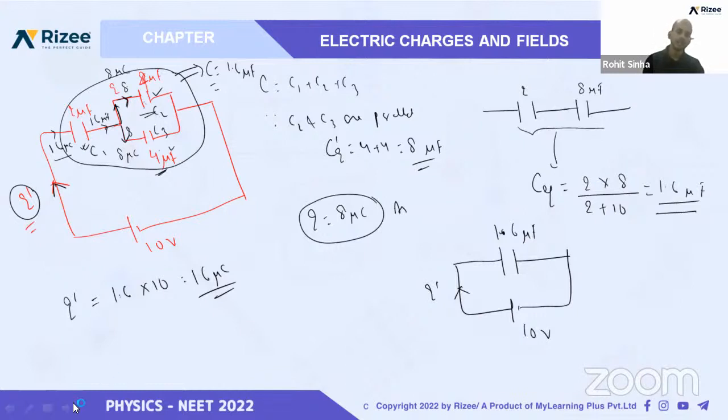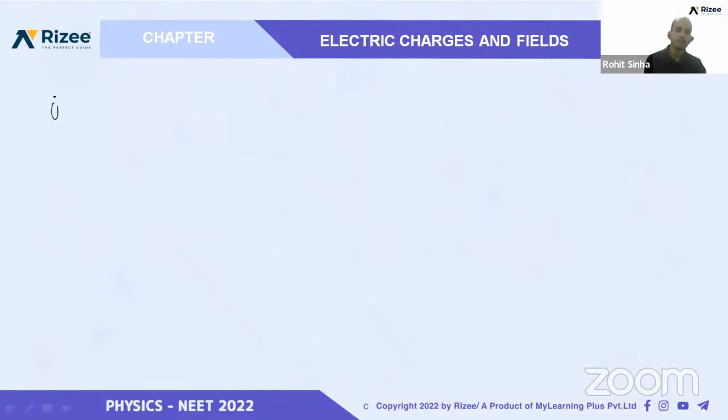Okay. Now, let us move further. I am taking another example now. Let me take one more example. I have this C here. It is 8 microfarad. It is 8 microfarad. Now we have another 8 microfarad like this.